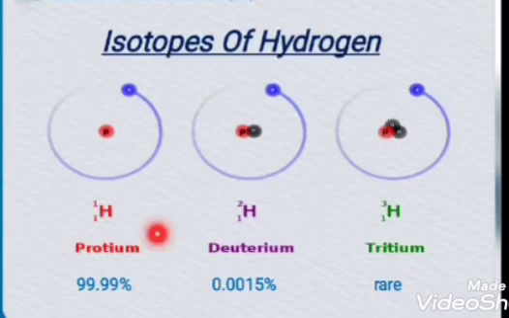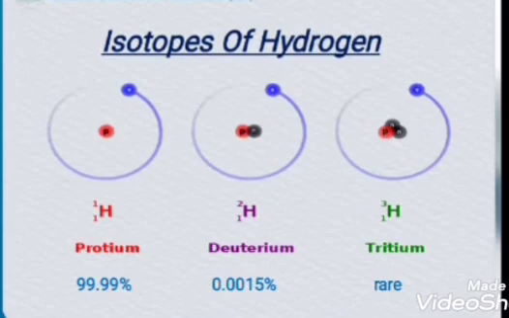Here in this slide, examples. Isotopes of hydrogen. There are 3 isotopes of hydrogen. And these are the natural abundance of isotopes. Protium has 1 proton and no neutron. Deuterium contains 1 proton and 1 neutron.